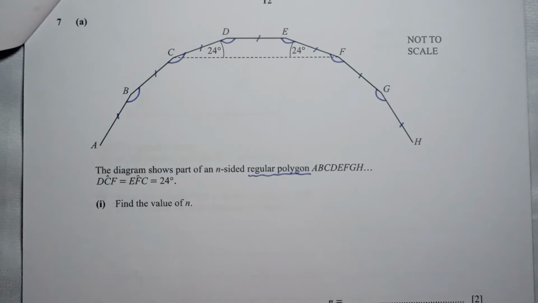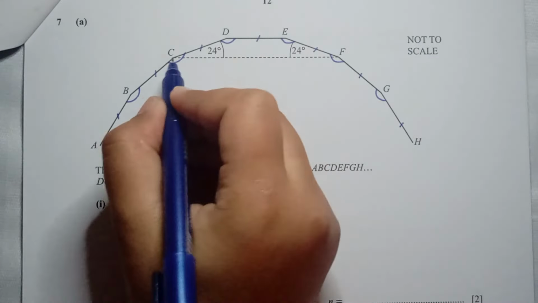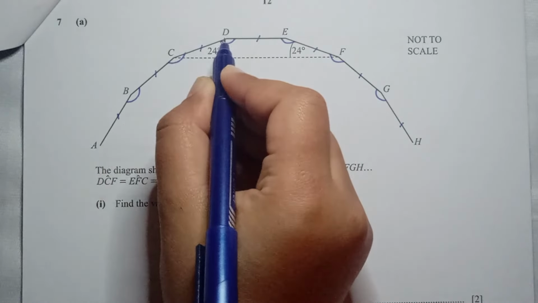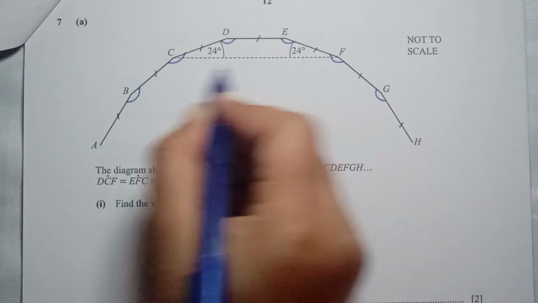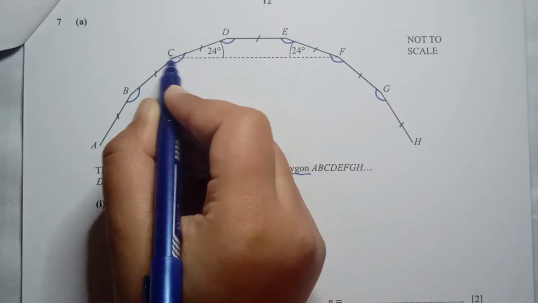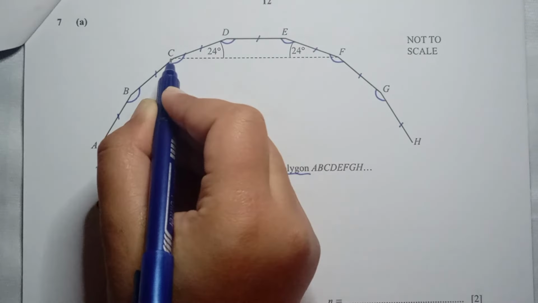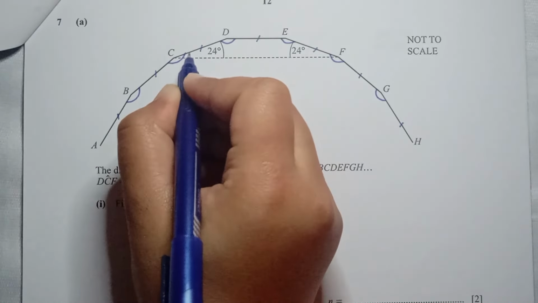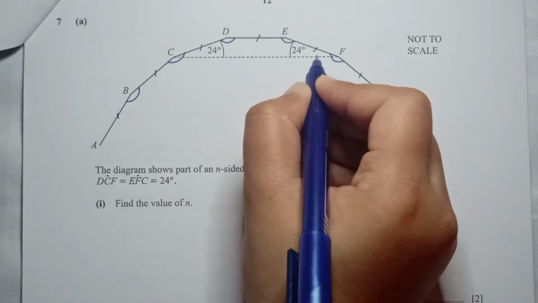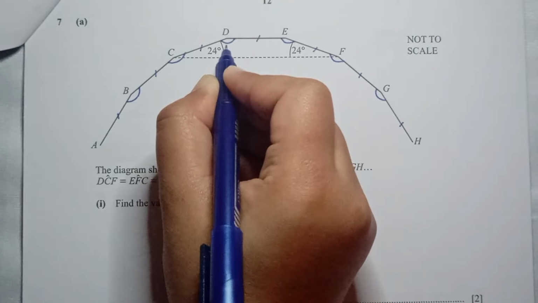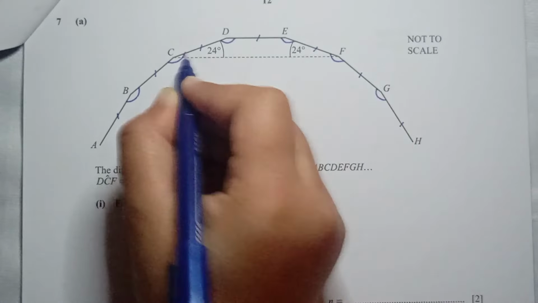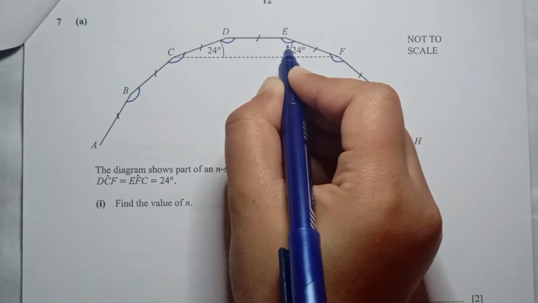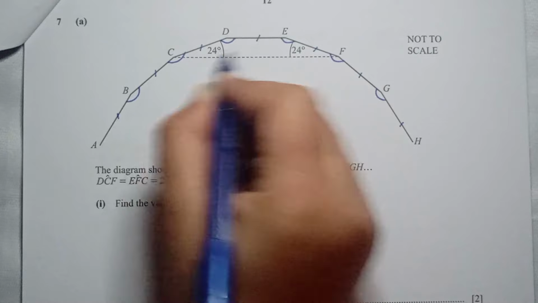Okay, so before finding out the sides, we need the interior angle. As we can see, DEFC, this shape is a quadrilateral, 1, 2, 3, 4, having 4 sides, right? And as we can see, this angle C is 24, this angle F is 24. It means the angle D and angle E must be equal, right? So let's say these two angles are x.